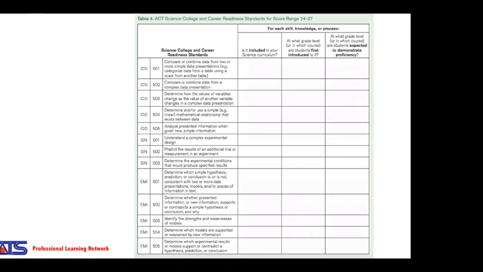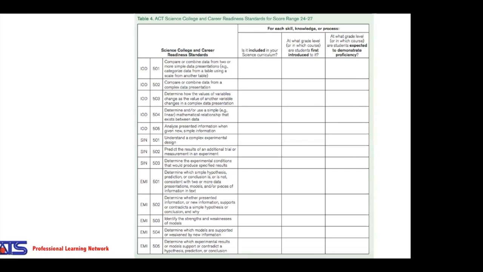I'm trying to remember where I pulled this. This comes from ACT, obviously, with their standards. So if we're trying to get students above 20, if you get them above 23, then they're considered ready for science.